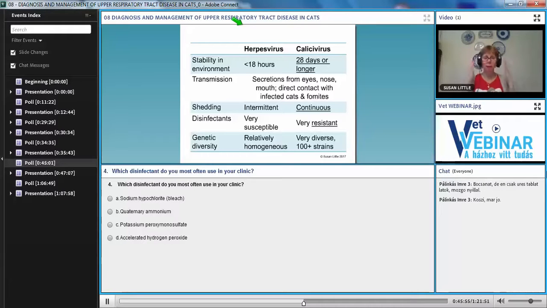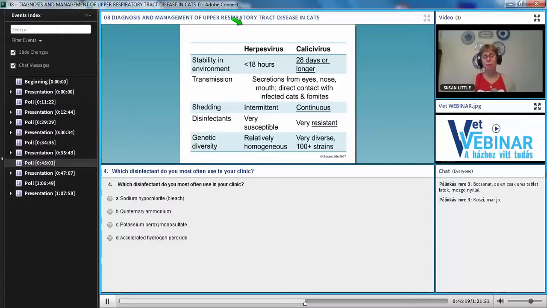So I didn't put brand names on there because there's so many brand names that some of these go by. But these are for the common types that many people use in their veterinary practices. So I'm just interested in what you primarily use. And then we'll talk after we close the poll specifically for calicivirus, which ones we should or should not pick.